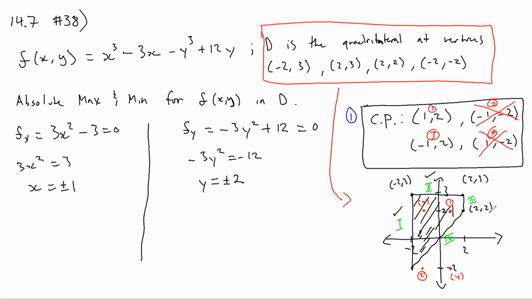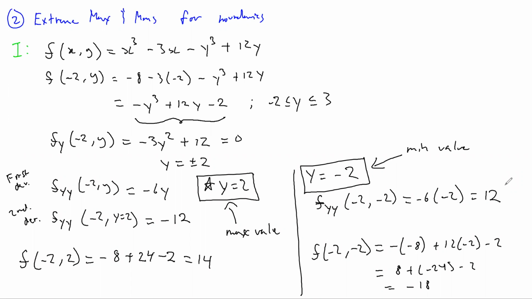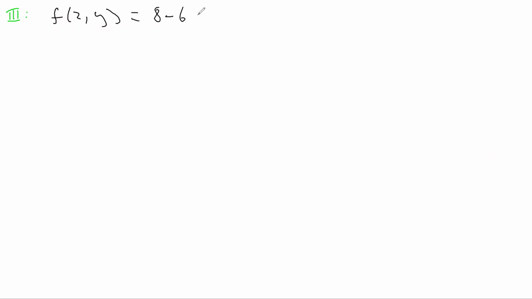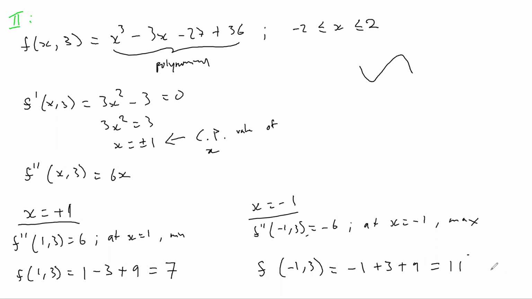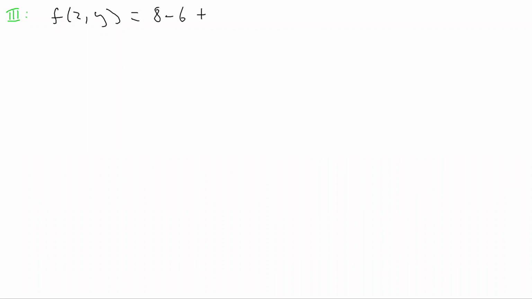All right, so we have f of (2, y), which is equal to x cubed, so 8 minus 6, minus y cubed plus 12y. All right, so we have that function right there.